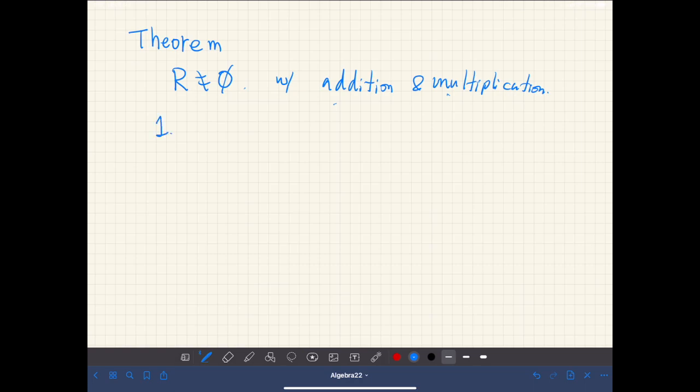And suppose the following three conditions hold. One, this set R is an additive abelian group. Additive means with respect to addition.